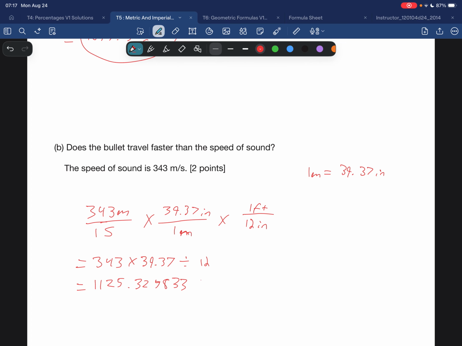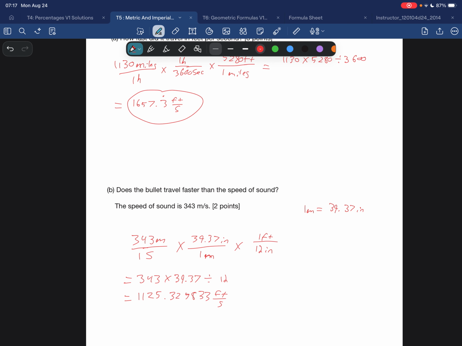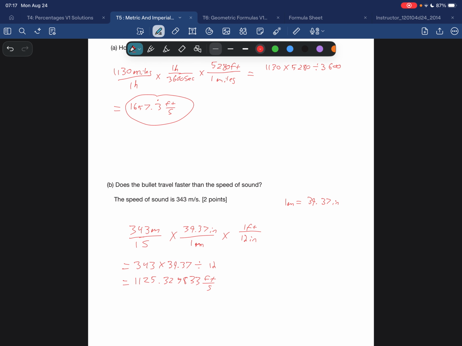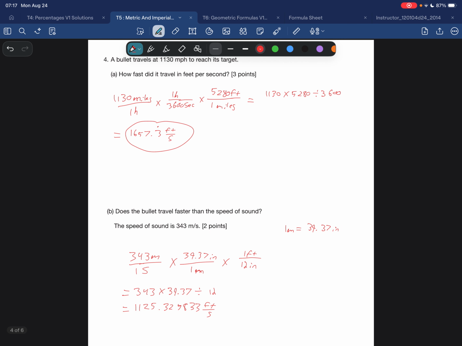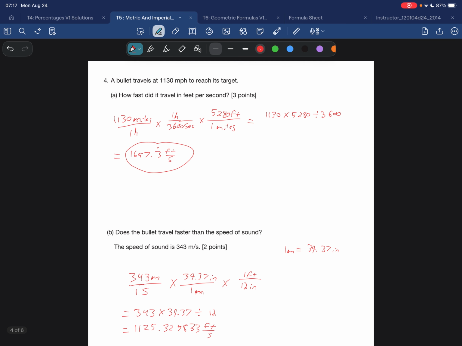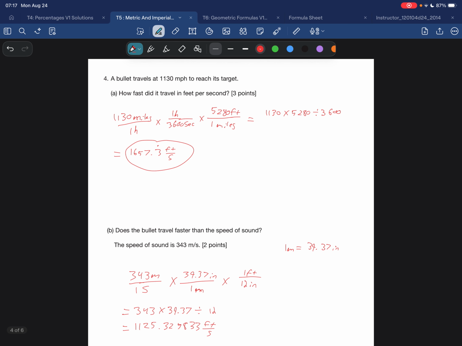Doesn't really matter. Feet per second. So the speed of sound is 1125 feet per second, which is quite a bit smaller than our feet per second for our bullet here.